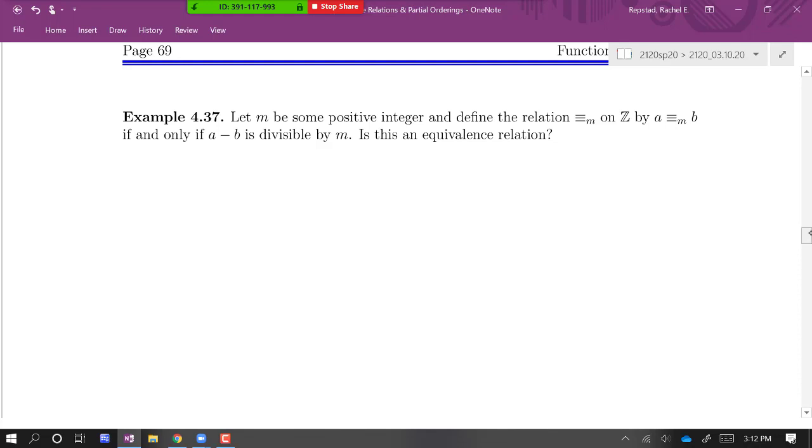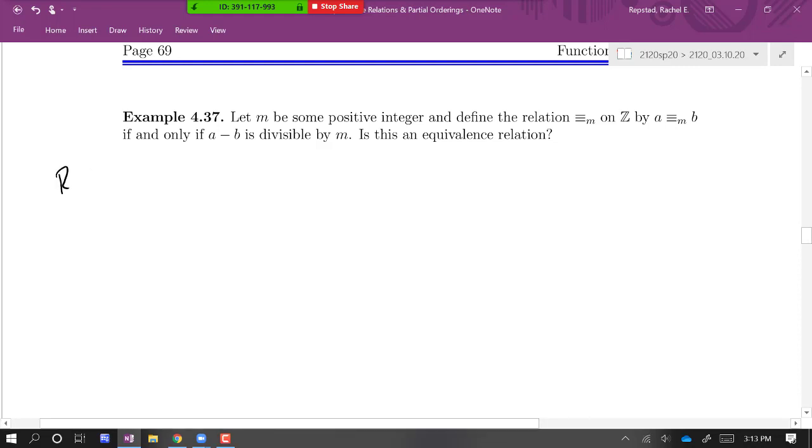We'll call it equivalence mod m on the integers by saying that a is related to b if and only if a minus b is divisible by m. It's the same kind of relation that we did in the last two examples. In the first one, we said their difference is divisible by 2. In the second one, their difference must be divisible by 3. As it turns out, there's nothing special about what kind of integer we pick there. As long as we fix one, here we're calling it m, and see if their difference is divisible by m.